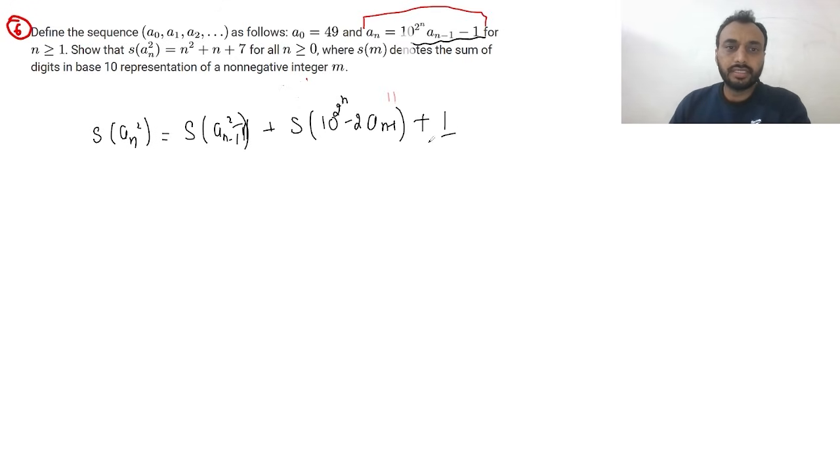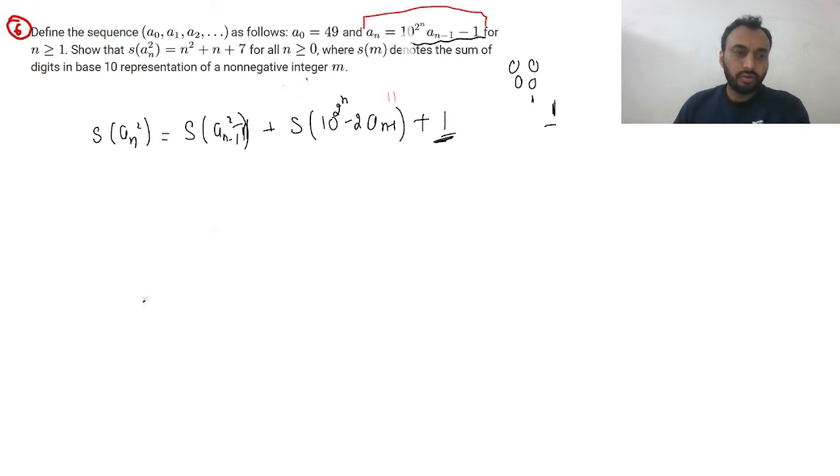Why are we adding 1? Because the unit digit will be 1 only. In the expression that we get, the unit digit will be 1, because in the first two terms the last digit is 0, so 0 0 1, it is 1. So we can say the sum is this.